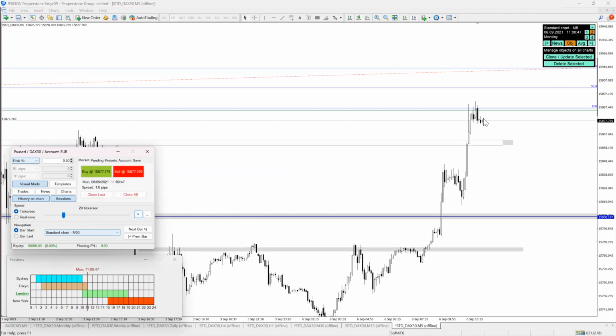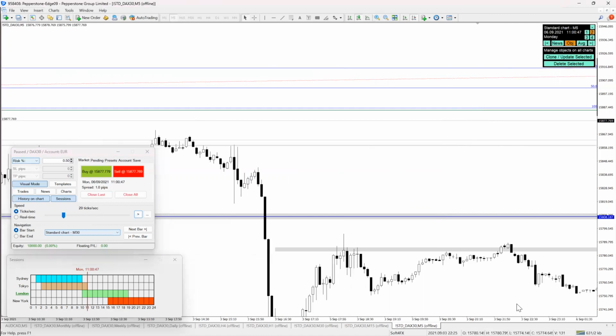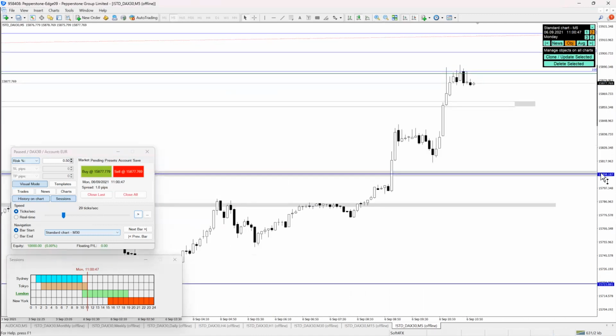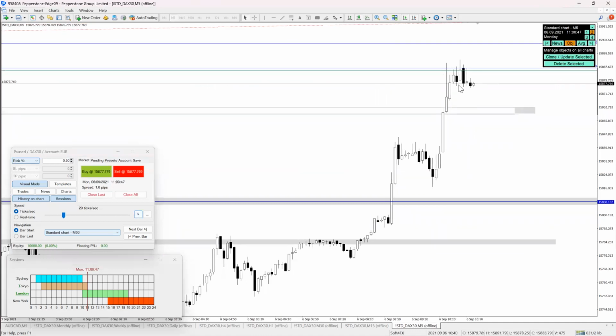Okay, so this is getting almost ready. On the 1 minutes, what this would have looked like. 1 minute, we would have had a shift in structure.